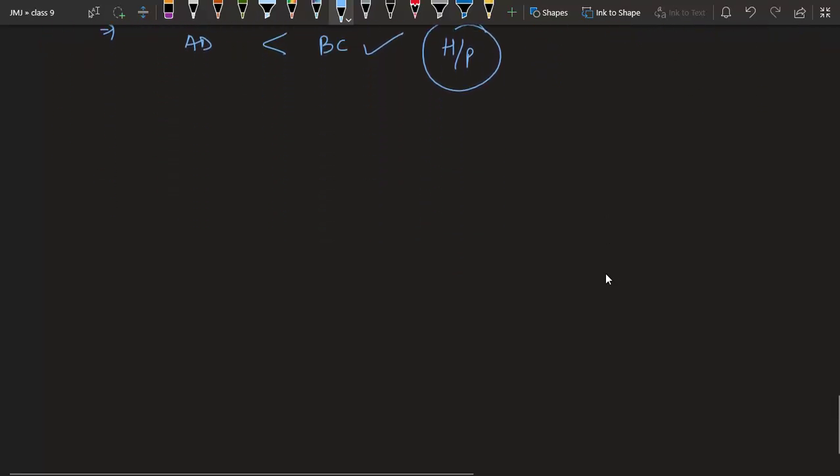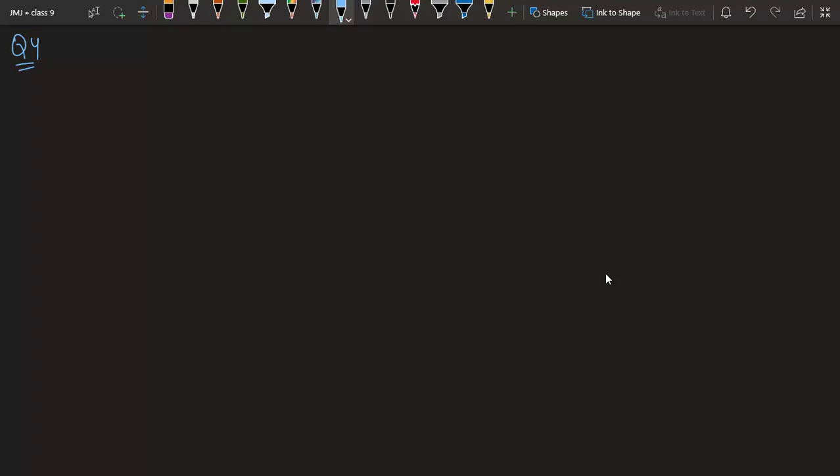Question number 4. A very interesting question to understand, and a little bit of construction is required in this question. AB and CD are respectively the smallest and longest sides of a quadrilateral ABCD.